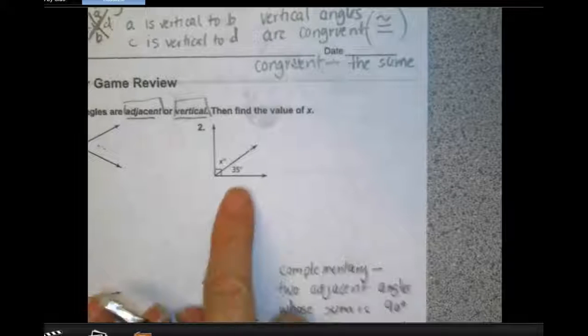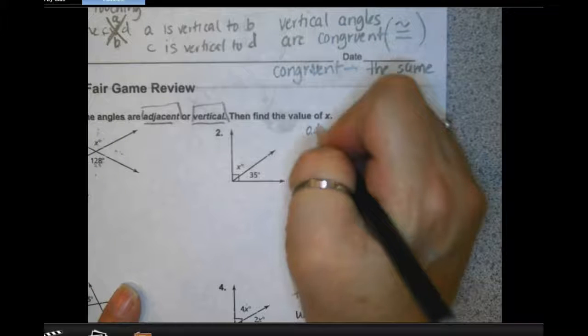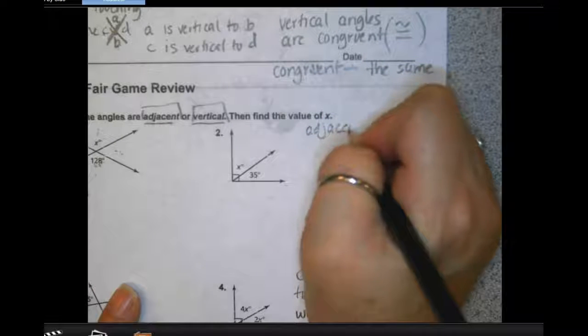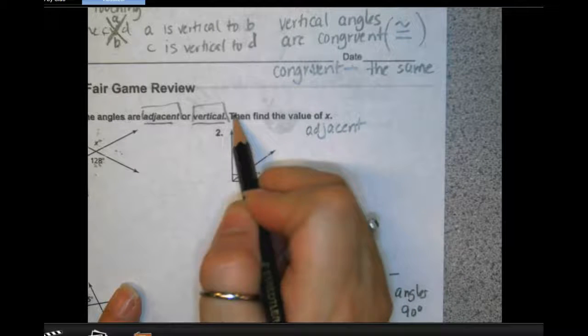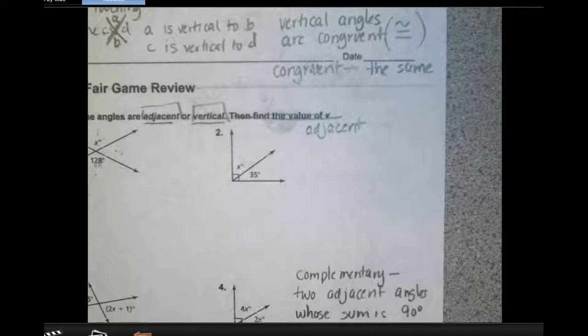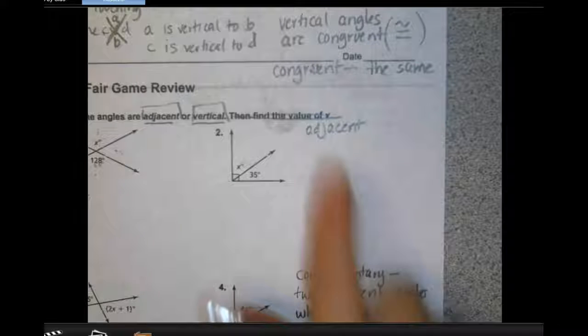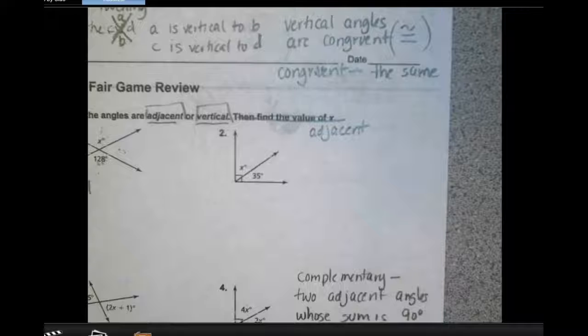So are these angles going to be vertical or adjacent? They're going to be adjacent. I want you to cross off where it says find the value of x, because I don't want you to do these on the adjacent angles. It's adjacent. Complementary, but it's adjacent. Not for these, not yet.